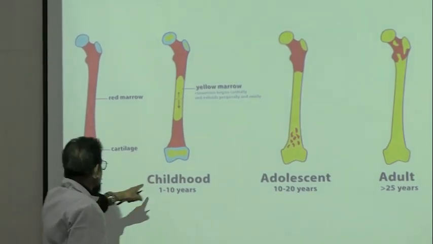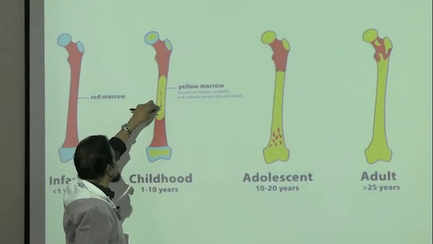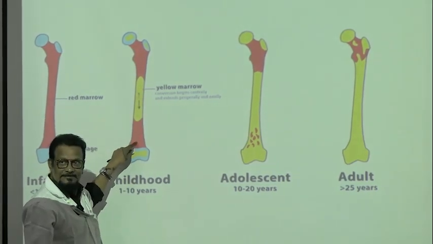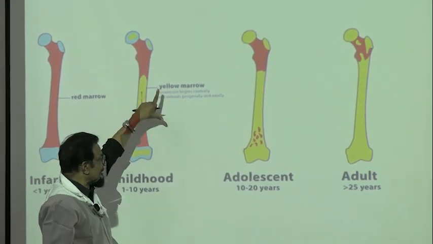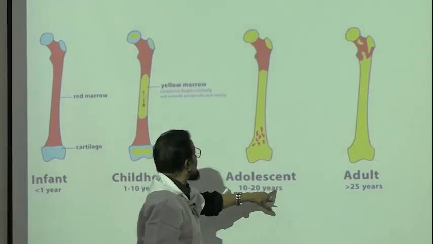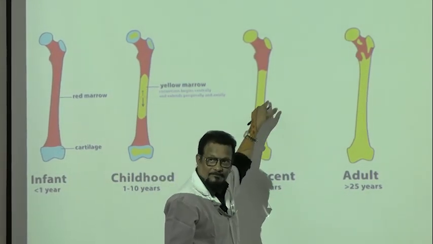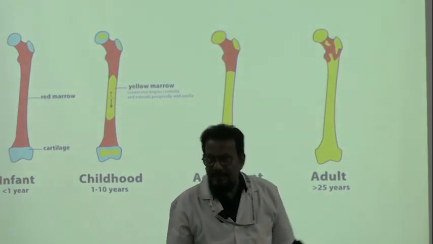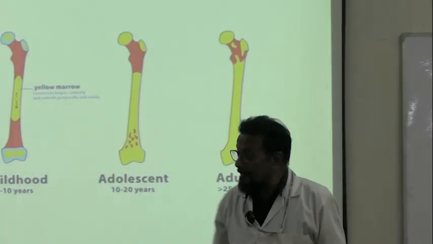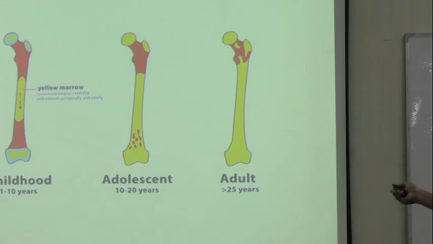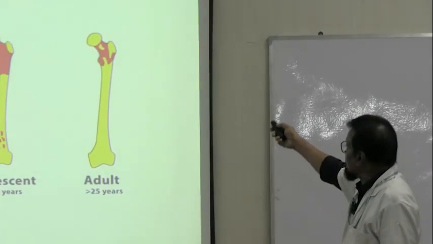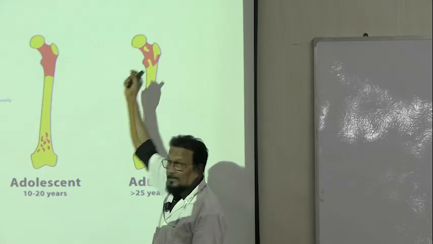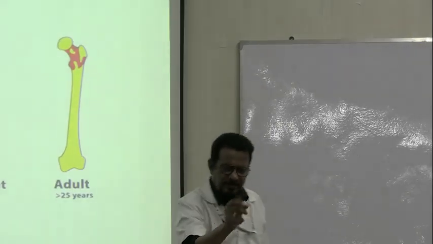When you are 1 to 10 years old, yellow marrow gradually replaces this. When you are 10 to 20 years, a very small portion of red bone marrow is left at the end. And after you are more than 25, there is no red bone marrow, its contribution is very little.